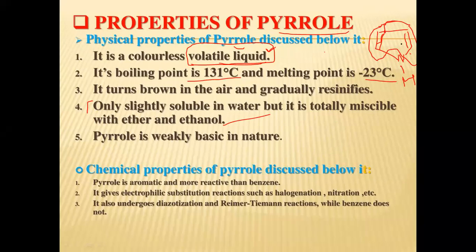Due to the non-polar part, it is not easily soluble in a polar solvent. And you know that water is a polar molecule. Water is a polar solvent, but in pyrrole the non-polar portion is the bigger part of the molecule.